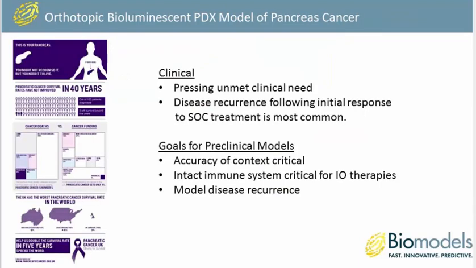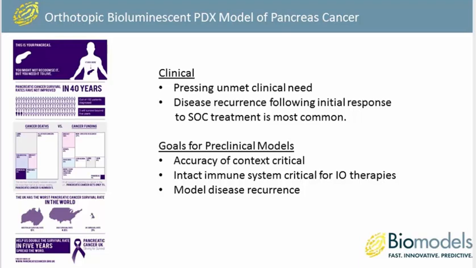It seems like these are very good, true models, even with the luciferase reporter placed in there. The luciferase reporter, of course, gives us a whole bunch of extra power in terms of looking at metastasis and following in vivo, but it also comes with some considerations in terms of immunogenicity and those gene expression considerations that I was just talking about.